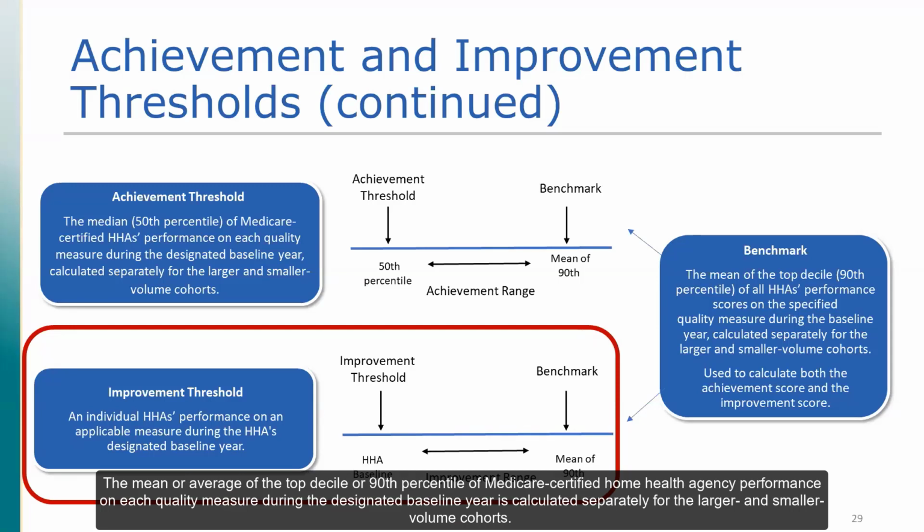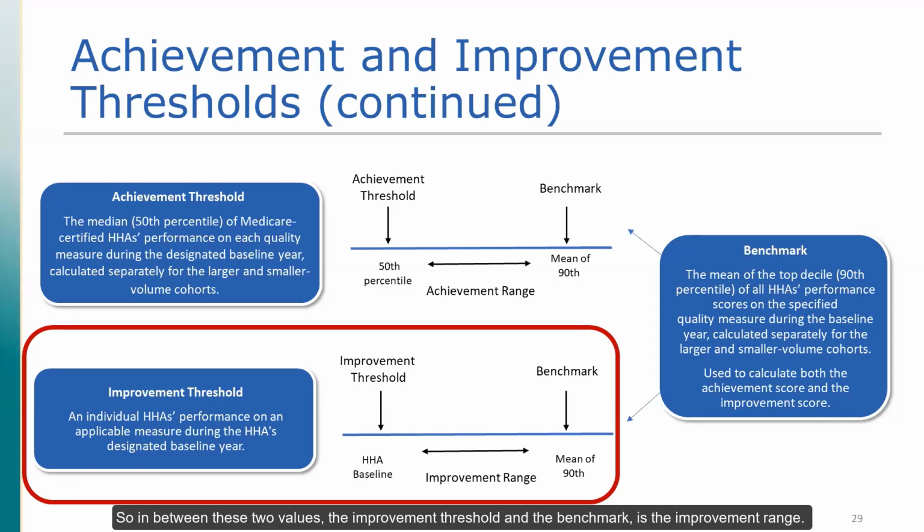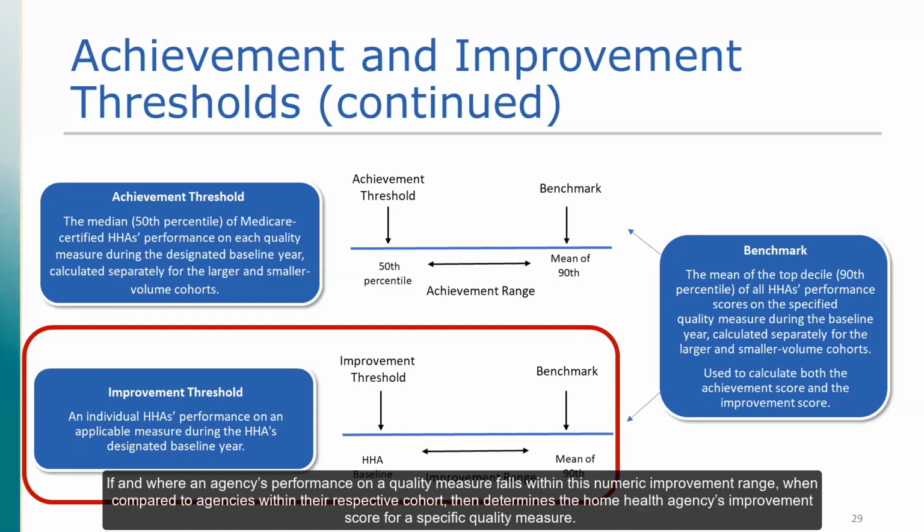The mean or average of the top decile or 90th percentile of Medicare certified home health agency performance on each quality measure during the designated baseline year, and calculated separately for the larger and smaller volume cohorts. So in between these two values, the improvement threshold and the benchmark, is the improvement range.